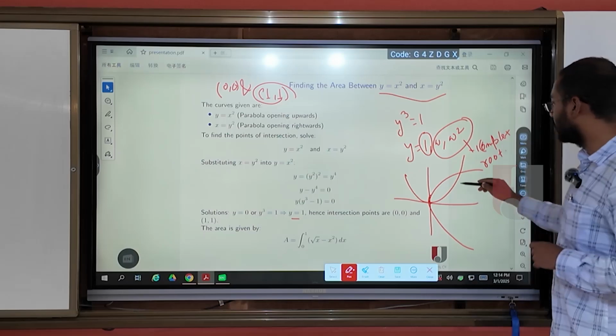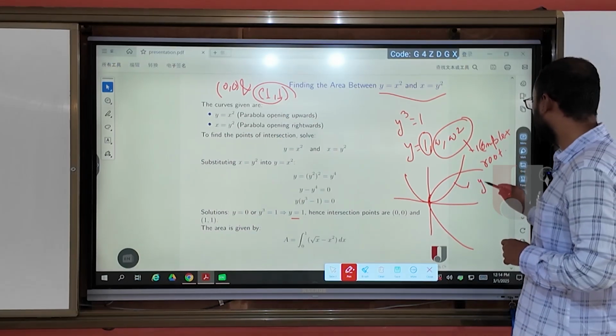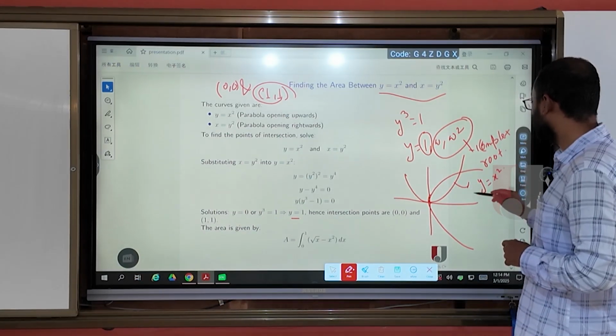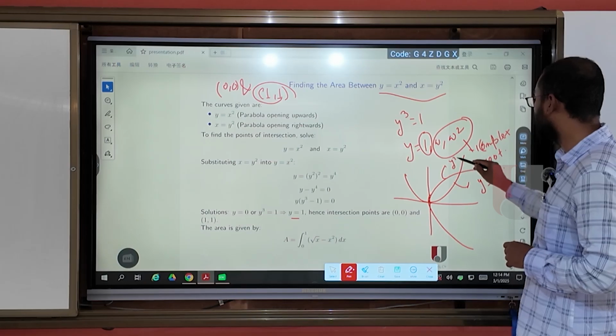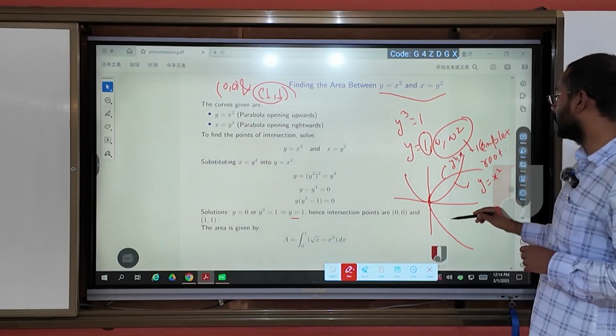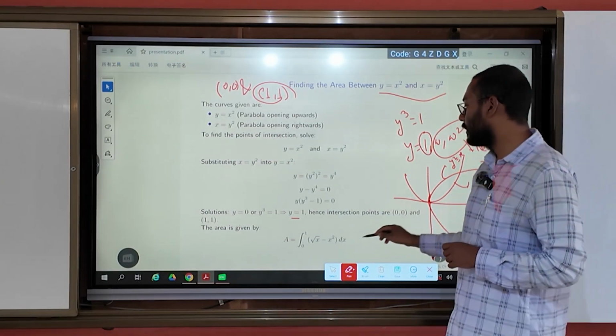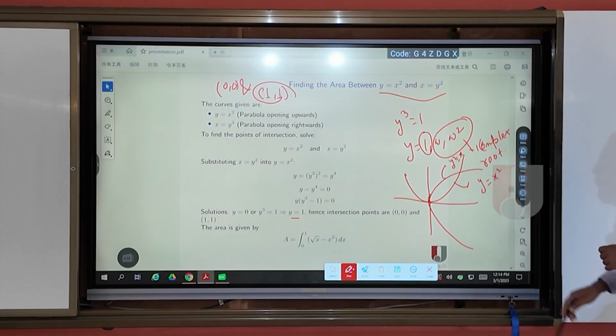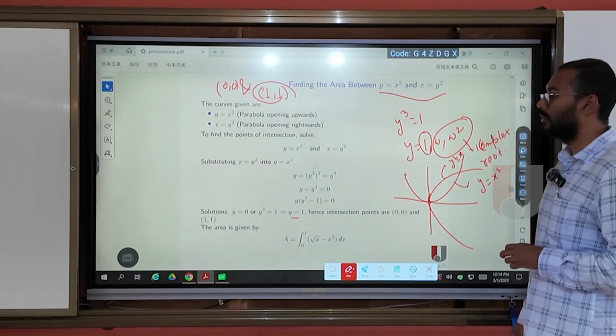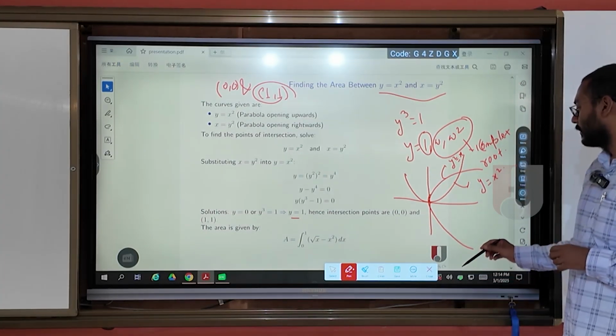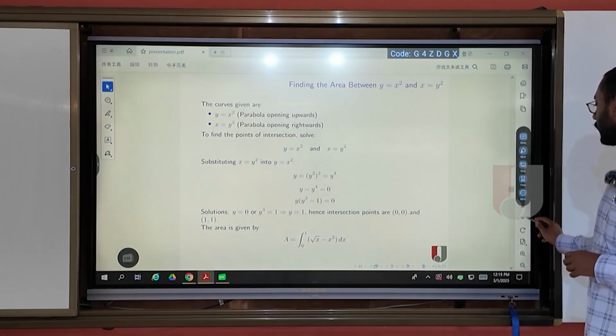Okay, this curve is y equal to x square and this curve is y square equal to x. So here y is root over of x and here it is x square. So it is integral of root x minus x square dx. Okay, so in that way we can calculate.